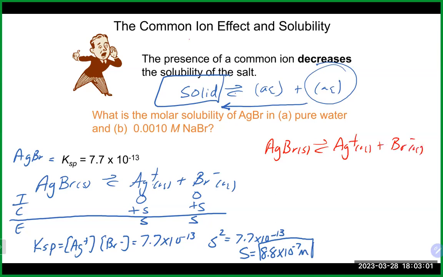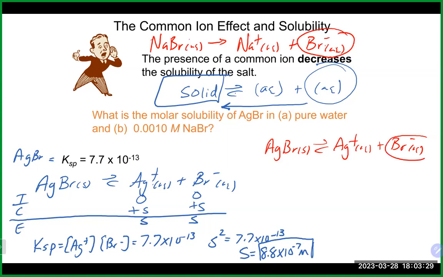In the case of the second solution, we have sodium bromide, and sodium bromide will break apart into a sodium ion and a bromide ion. That is because sodium compounds are soluble in everything, so it will be a strong electrolyte and will break apart. The common ion in this case is obviously the bromide.